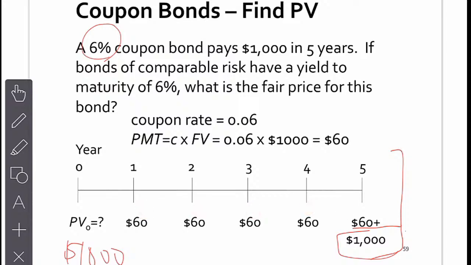This kind of a setup is called a par value bond. And it works out this way because it happens that the coupon rate, which is like C, and the interest rate are the same. They're both 6%, notice.